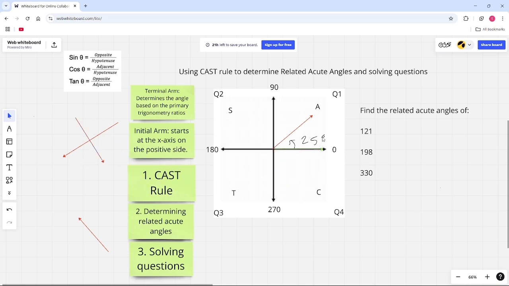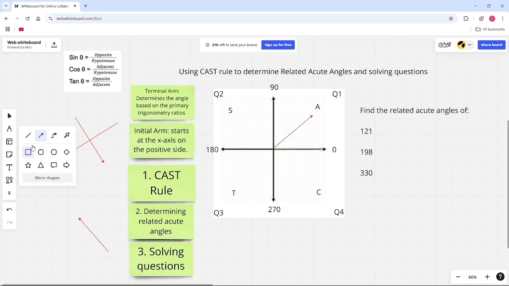Now, to begin, we have to understand how this Cartesian plane correlates to trigonometry. Well, if you can see, there's a 0 over here, which indicates that if our terminal arm is at 0 and our initial arm is also there, that means it creates an angle of 0 degrees.